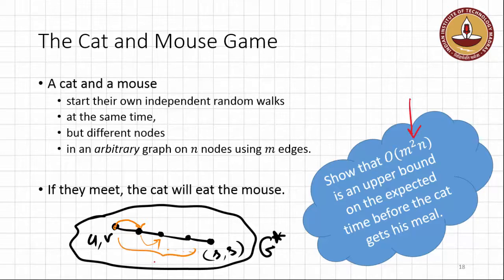This whole path will be of length n, and each one of these components, we need to argue, is going to be at most O of m squared, and therefore we should be able to get the final result. That's the technique we will need to follow in order to prove this claim.